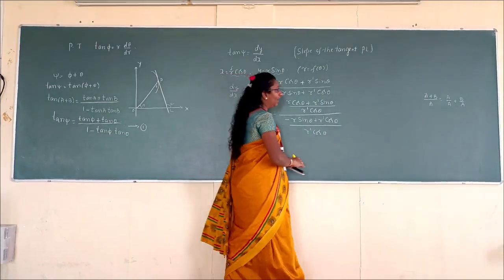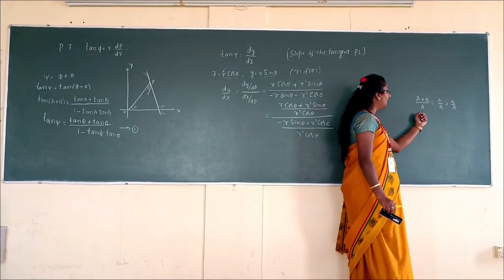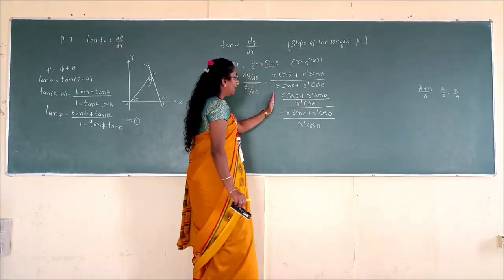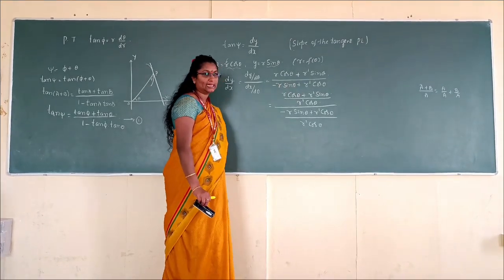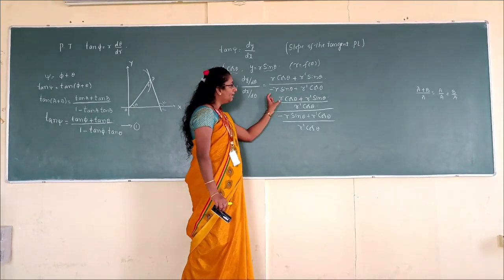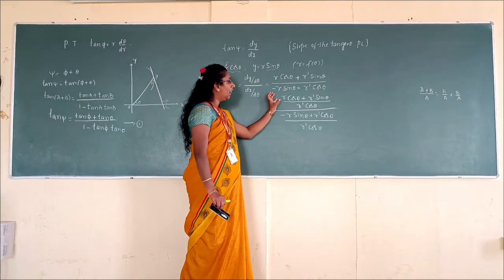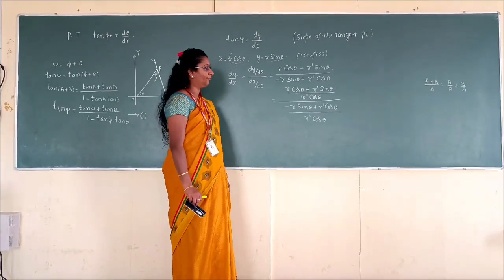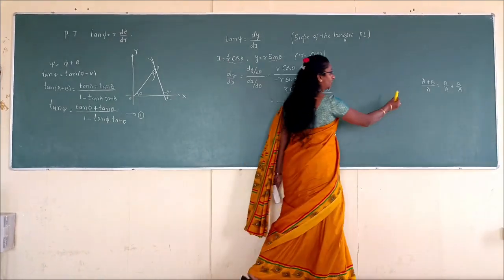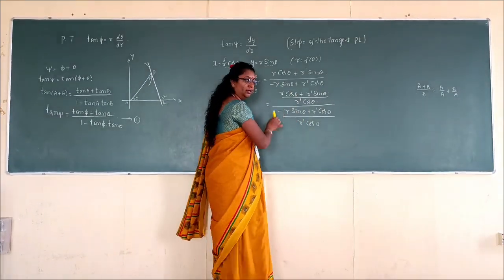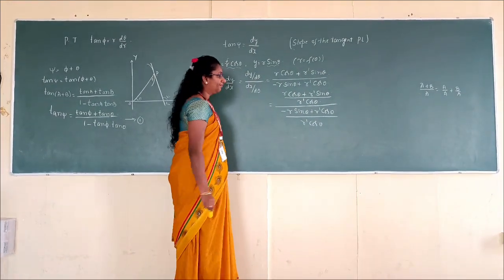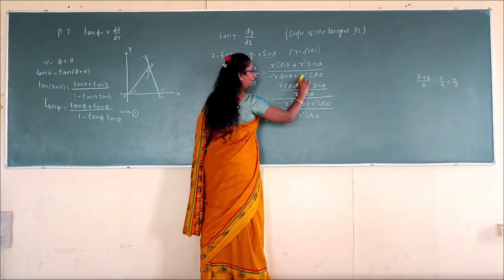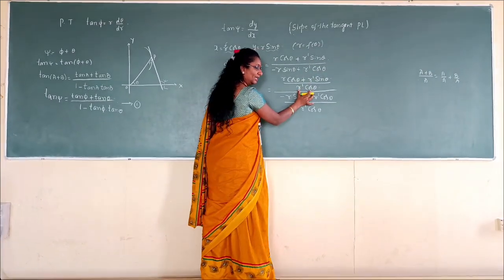Now we can write a plus b by a as a by a plus b by a format. This standard format we can adopt because it is simple, as we explained. When it comes to r and cos theta and sin theta, it makes a little more confusion. For that reason, if you understood this, we can adopt it in the present step. So we have r cos theta plus r dash sin theta divided by r dash cos theta.